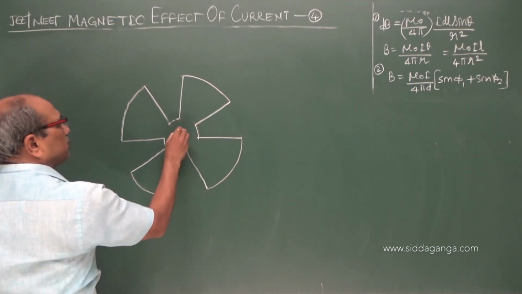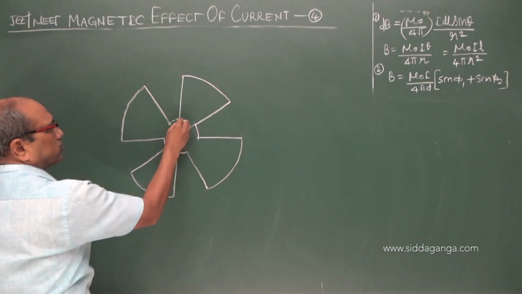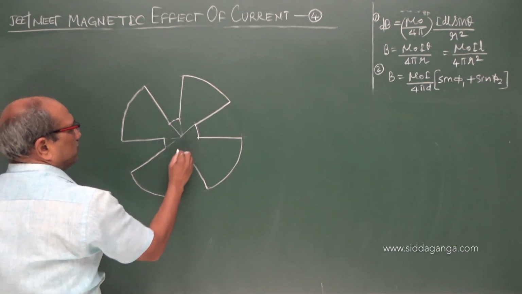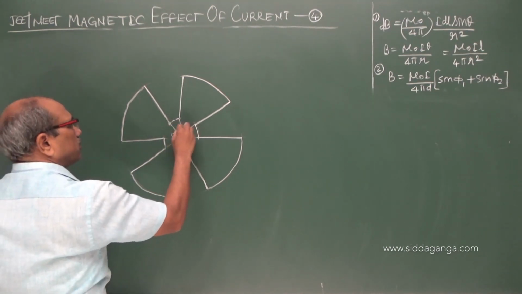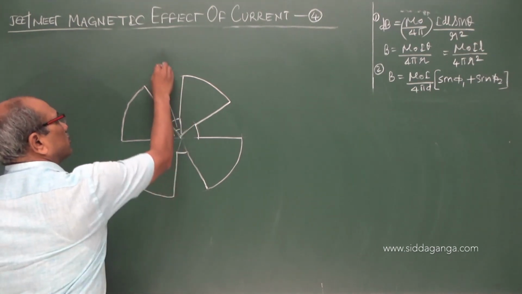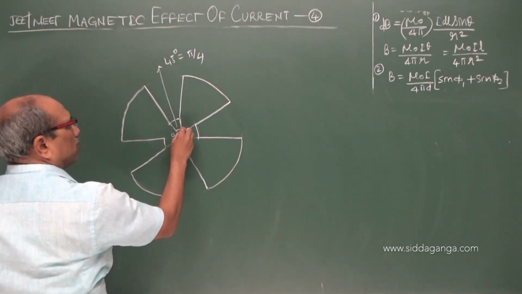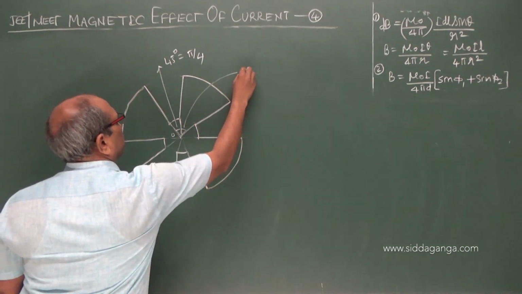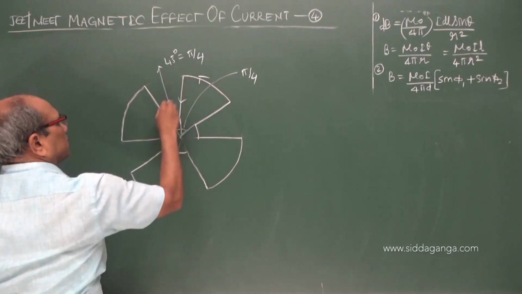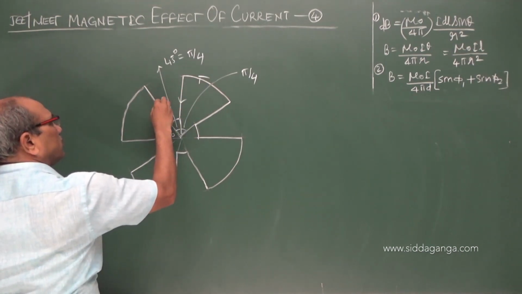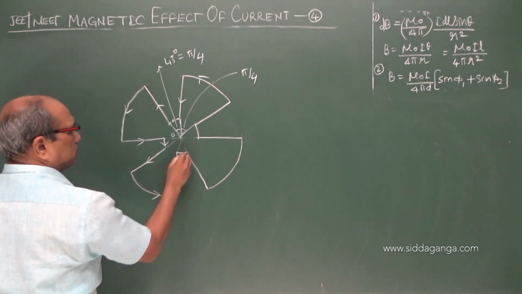Each line is meeting towards the center. These lines, every one line can meet here at the center O. Suppose you take this angle between them as 45 degree or pi by 4, or this angle is also pi by 4, 90 degree. Current is flowing like this. If you take for each one, anti-clockwise.